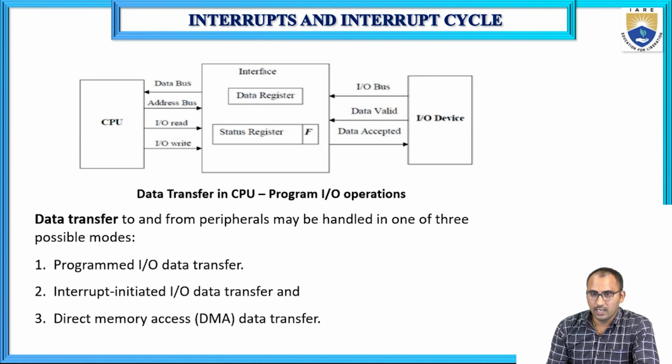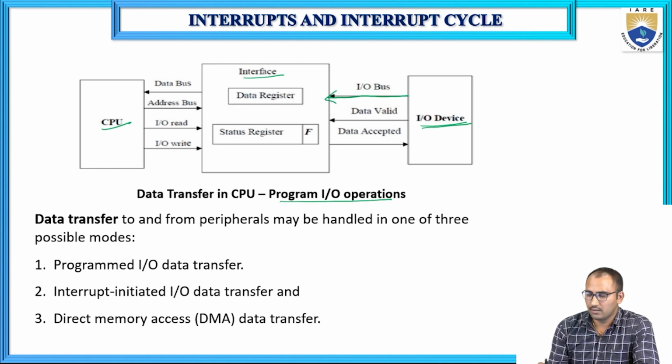Okay, so this is a data transfer in a CPU program IO operation. We have an IO device, a CPU, and an interface circuit. Whenever the IO device is ready to transfer data, it places the data on the IO bus.